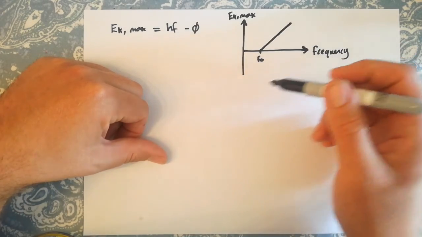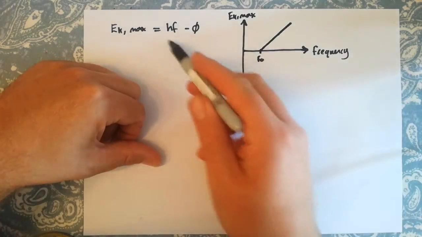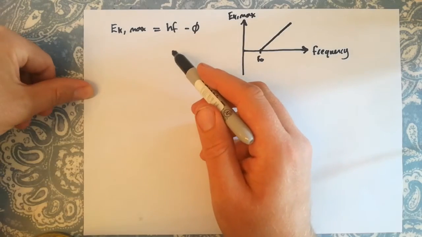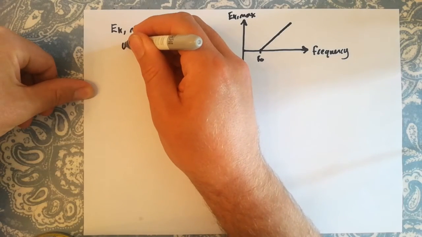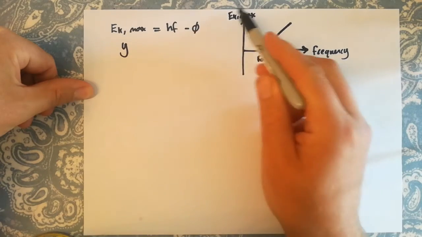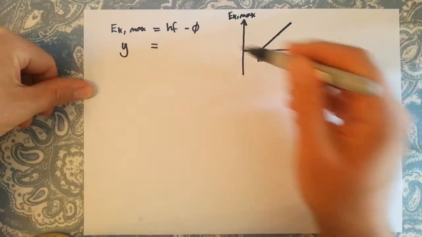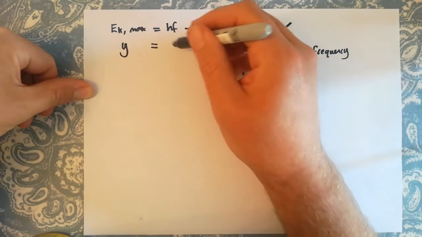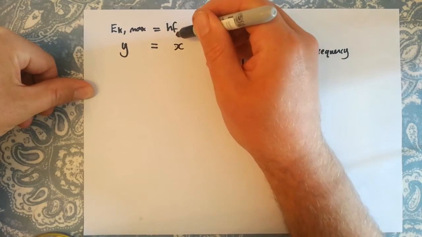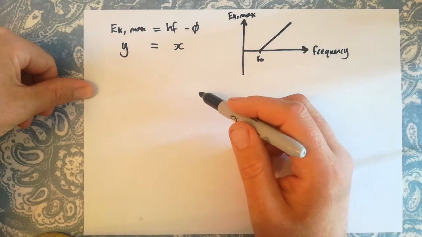If we compare this equation to the equation of a straight line, E_K max is what I'm plotting on the y-axis. f, the frequency, is what I'm plotting on the x-axis.